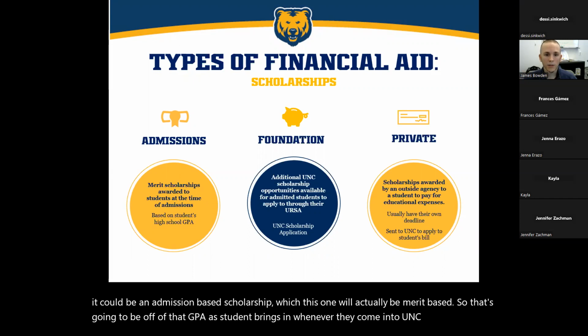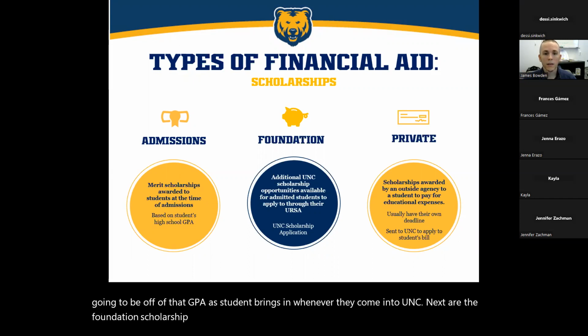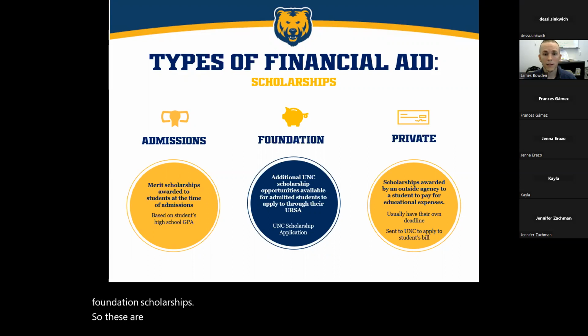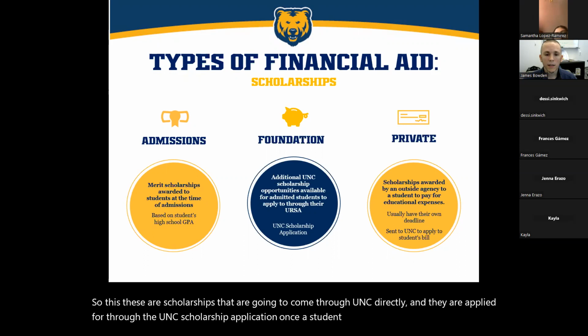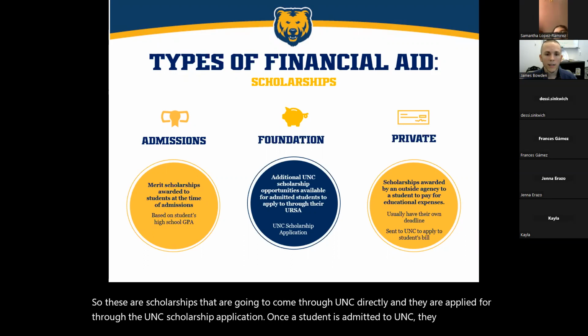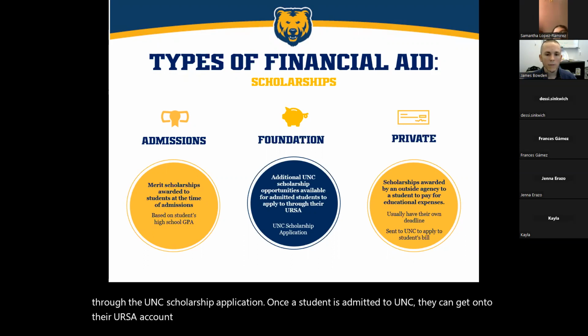Next are the foundation scholarships. These are scholarships that are going to come through UNC directly, and they are applied for through the UNC scholarship application. Once a student is admitted to UNC, they can get onto their URSA account, go to the financial tab, and then at the very bottom, there will be a UNC scholarship application link.